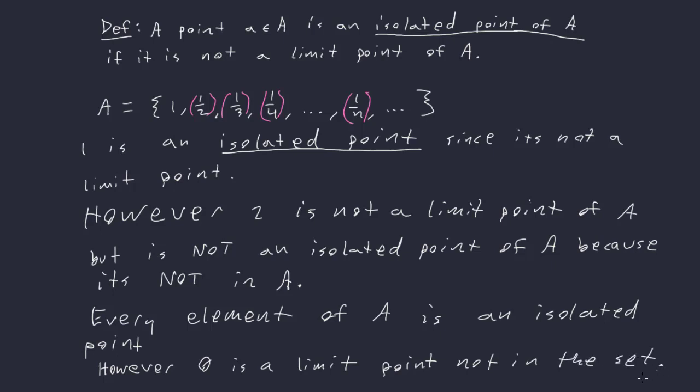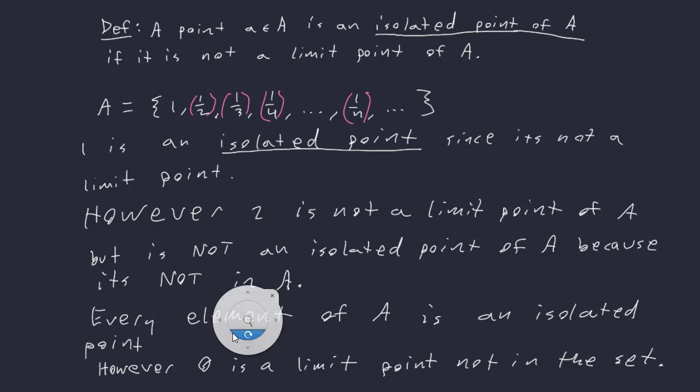All right, so that's a big distinction. Isolated points are points within the set that we can isolate. Limit points don't necessarily need to be in the set.